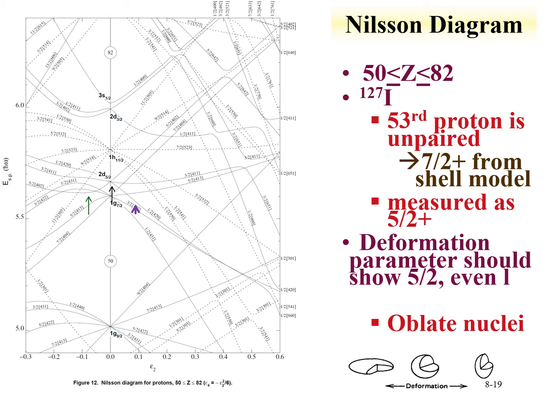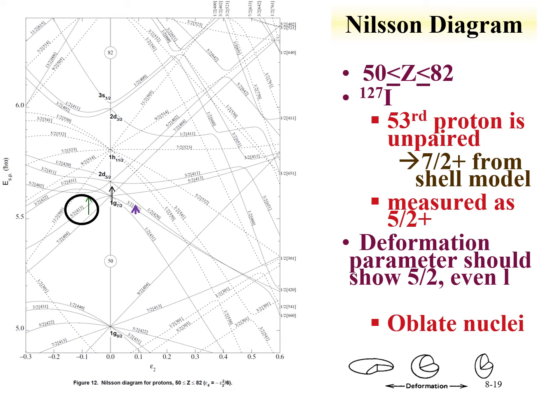So the 50 would be what was defined by the 1g 5/2 over here, then 51, 52, 53 here. We actually see that for the oblate nucleus, it would be in this 5/2 shell. 50 would be here. 51, 52 would be in the 7/2. 53 would be in the 5/2 shell.